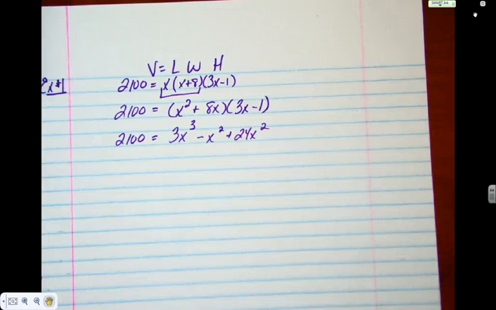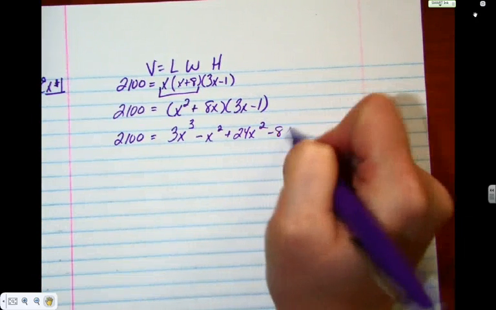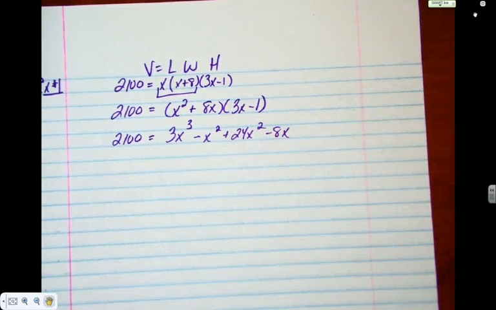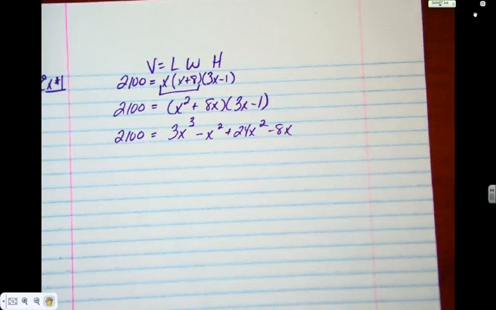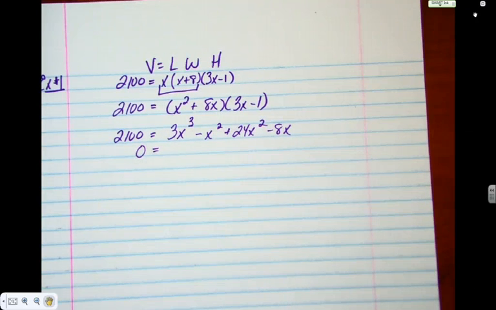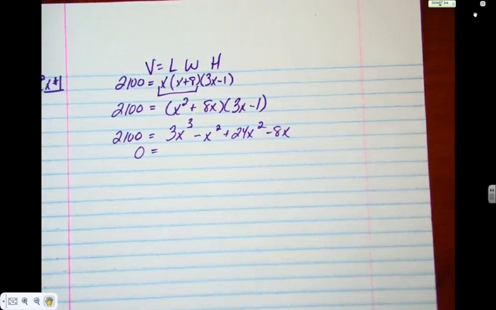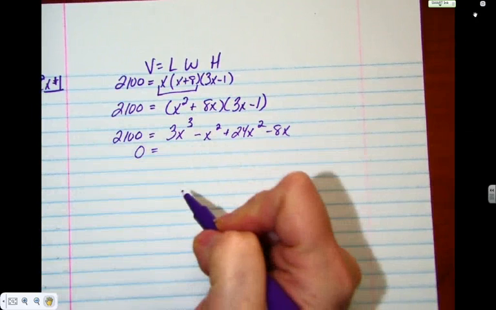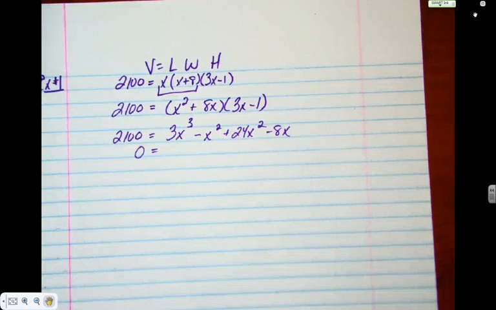And 8x times negative 1. Okay. But I want it all onto one side.